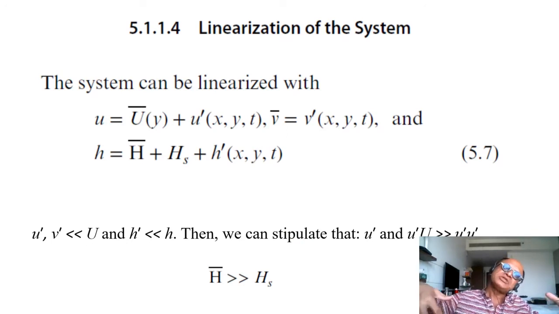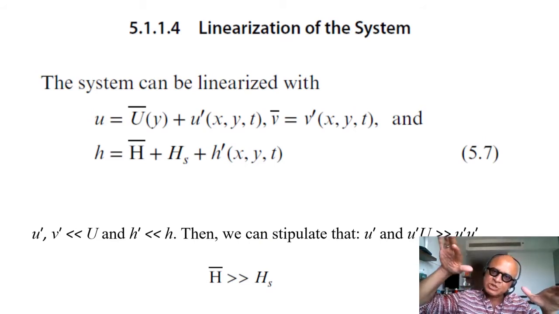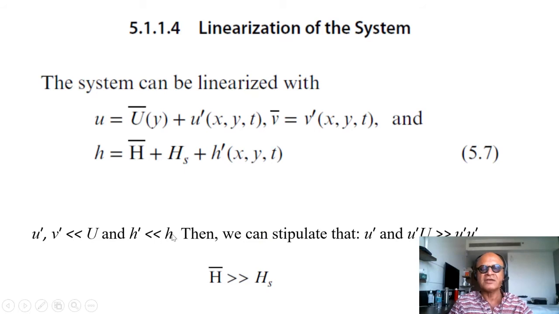You can imagine that as if you have the Earth rotating. There is a dynamic adjustment which creates the sea surface height, and then you're perturbing on top of that. So you have a sea surface height already as a function of longitude, latitude, and time, and you are perturbing on top by a small amount. So it's much less than h. Okay.